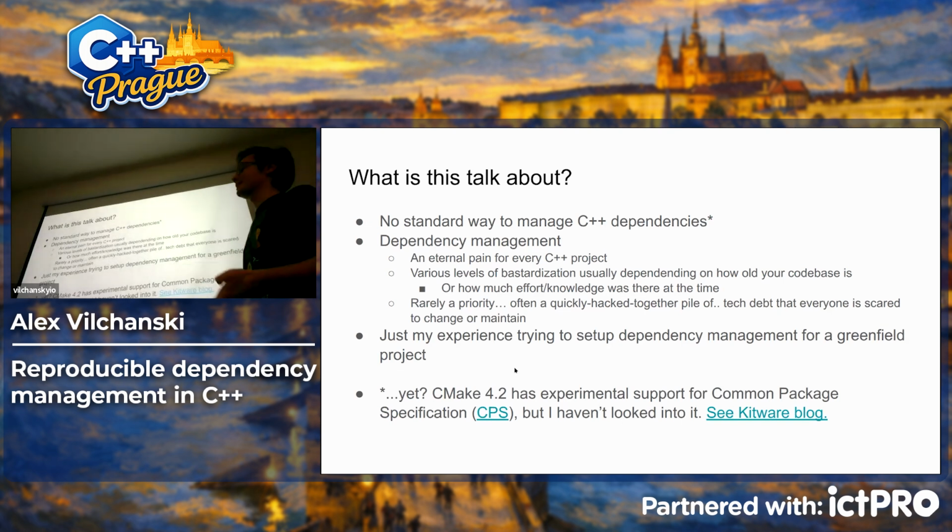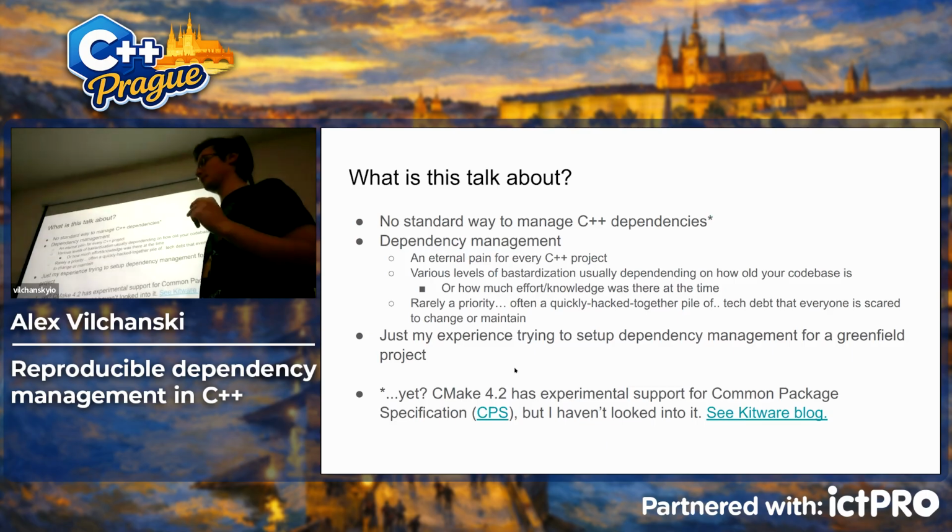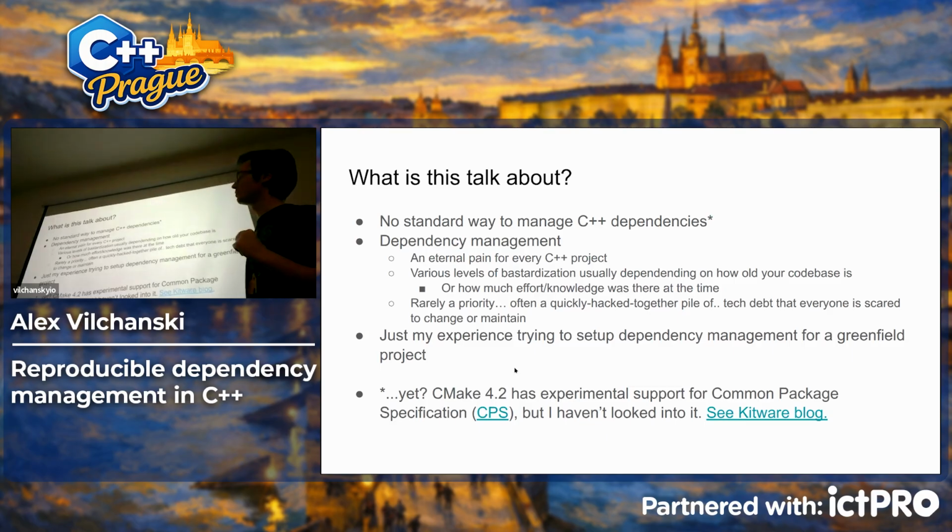As I said, there is no standard way as far as I know, because I read a series of blog posts about the Common Package Specification, and as far as I'm aware, it even had some proposals to the Ecosystem Evolution Group or something like that, but I don't know how it ended up.